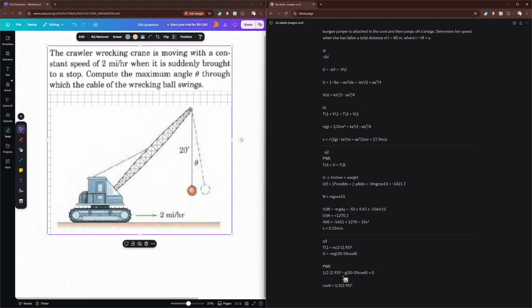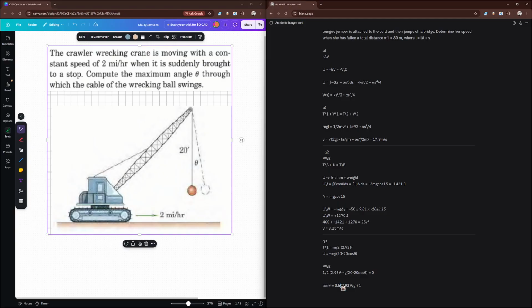And then we brought g, so over g. So I'm just going to call this 0.5 over g plus 20, or minus 20, divided by negative 20. So plus 1.